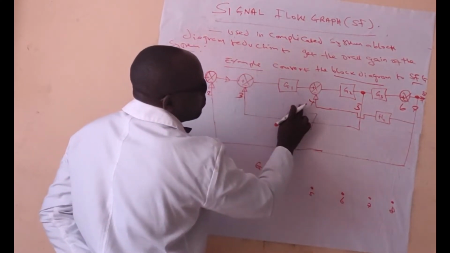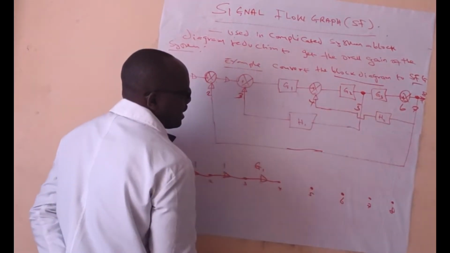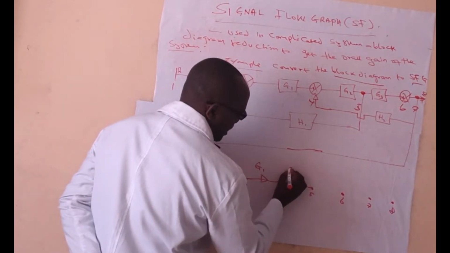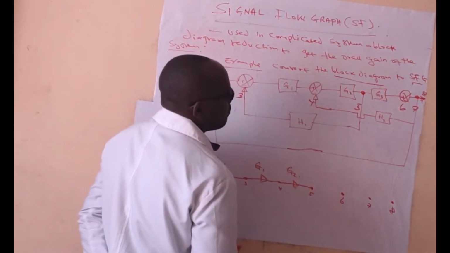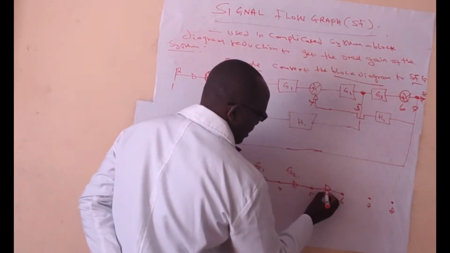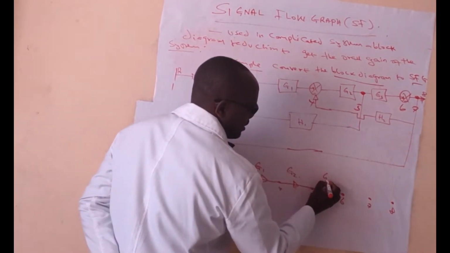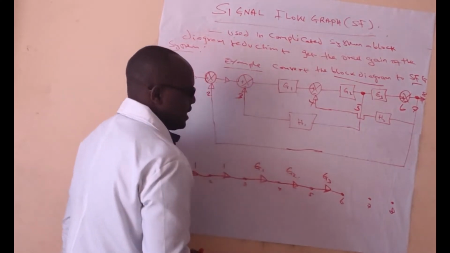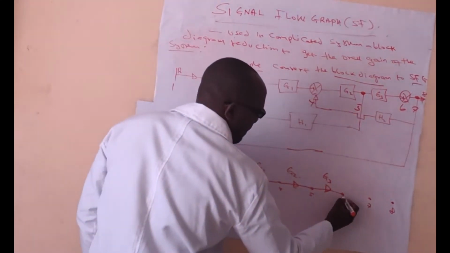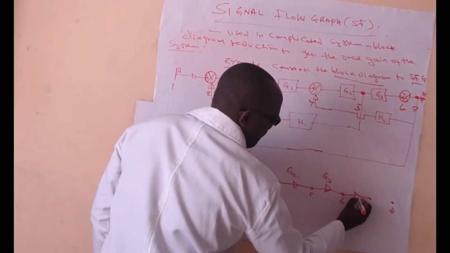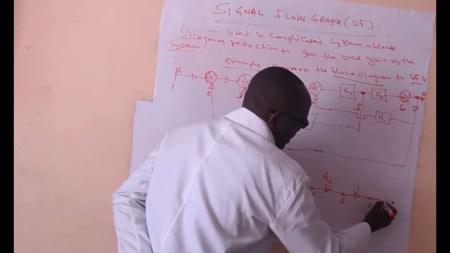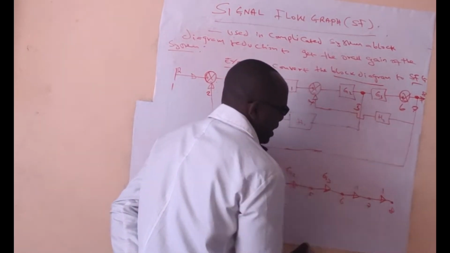From 4 to 5, the gain is G2. From 5 to 6, the gain is G3. From 6 to 7, the gain is 1. And lastly, 7 to 8, the gain is 1.